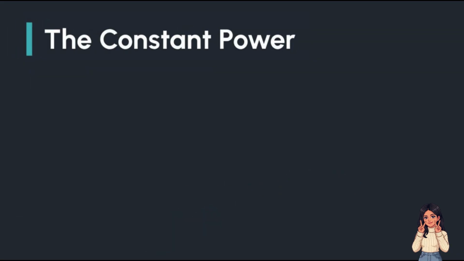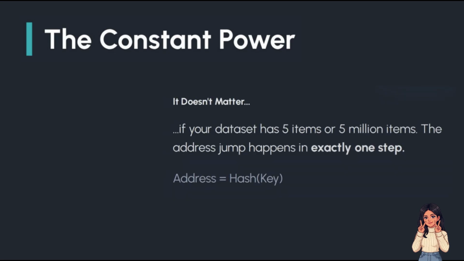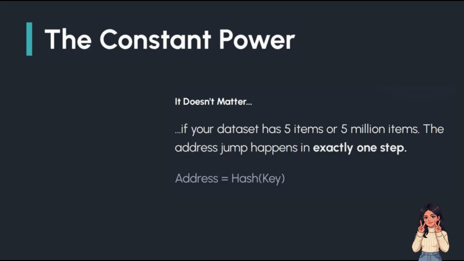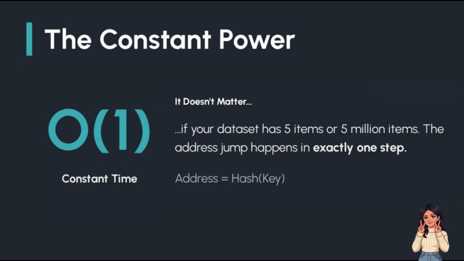Because the computer can calculate this address instantly using math, it doesn't matter if your dataset has 5 items or 5 million items. You hand the map the key, it calculates the address, and jumps straight to the data in exactly one step. That is what we mean by O of 1, constant time.